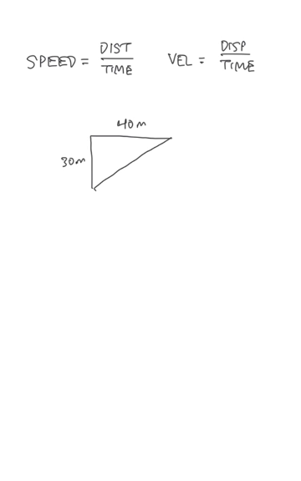Part B, calculate the dog's average speed if it takes 20 seconds to walk the two adjacent lengths of the pool. So v is equal to delta x over t. Remember, v represents speed or velocity, and in this case, we're talking about speed. So the delta x represents the distance, which is the length of the actual path.